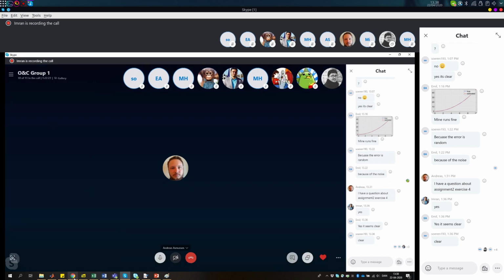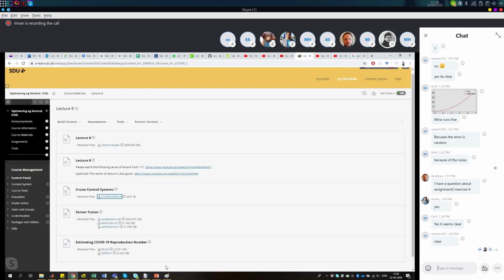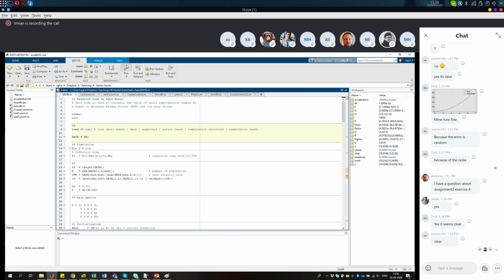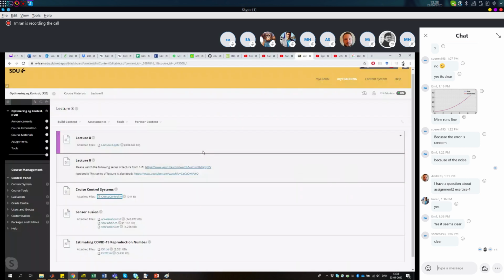So I used the Kalman filter to calculate the intensity of this coronavirus. I calculated it for Denmark also, and this is what I got. It takes a lot of time, but I also put the program here.